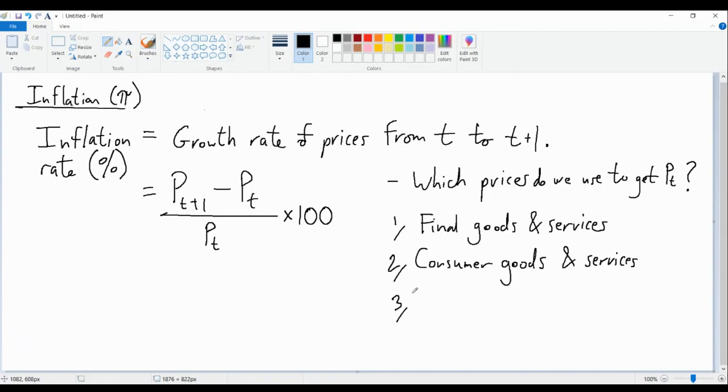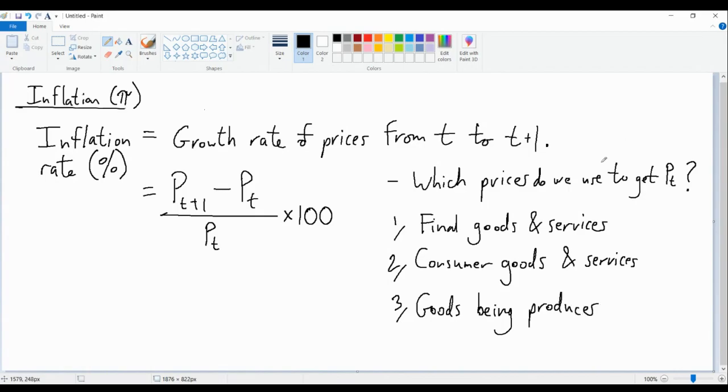And there's a third commonly used measure of average prices, which instead of looking at what consumers are buying, looks at what goods are being produced and their prices.